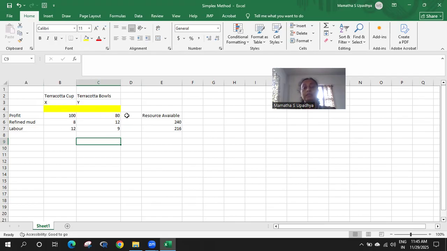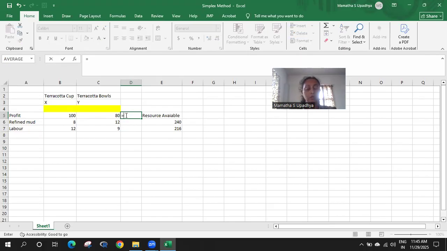Now let us come to this space and use the function equal to SUMPRODUCT. Take the yellow shaded cell area and lock this cell reference by using the F4 key on the keyboard.